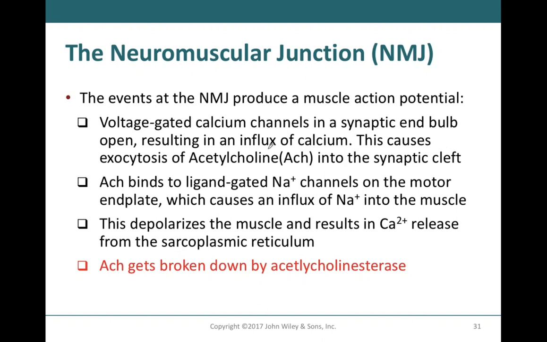Acetylcholine is eventually going to bind to ligand-gated sodium channels, and those are going to be found on the sarcolemma itself. When acetylcholine activates these ligand-gated channels, they're going to open up and allow sodium to flow into the cell.